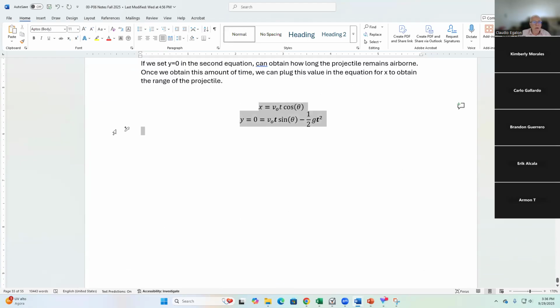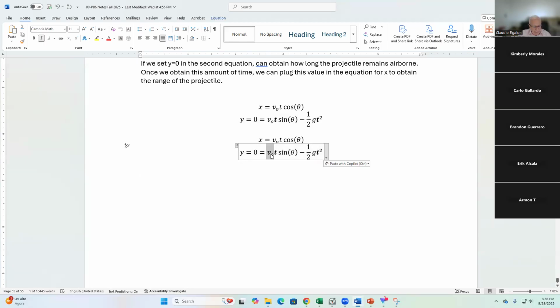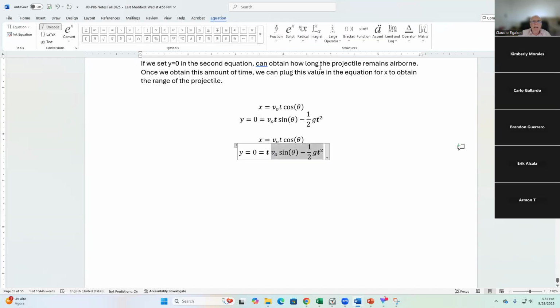It's a second order equation. Okay, but we do not need to solve it; all we need to do here is put t in evidence. Don't need to do any square root whatsoever, right? You're gonna see why. I'm going to put everything between parentheses.